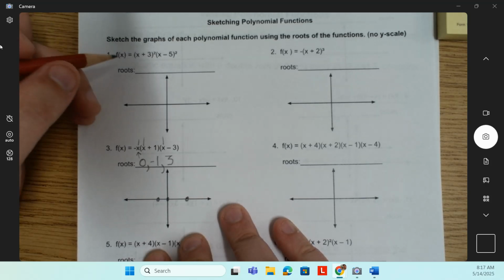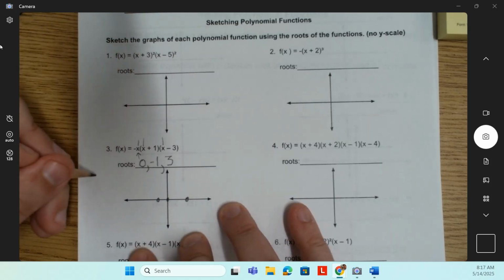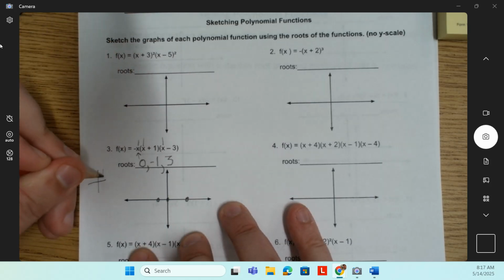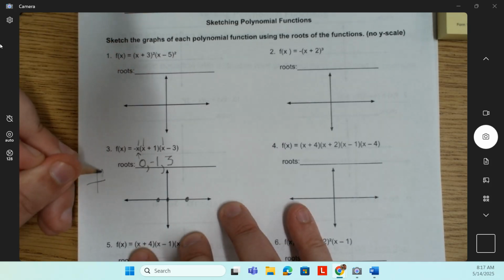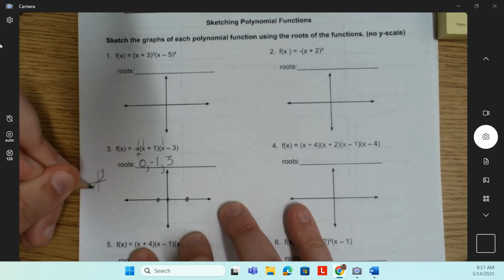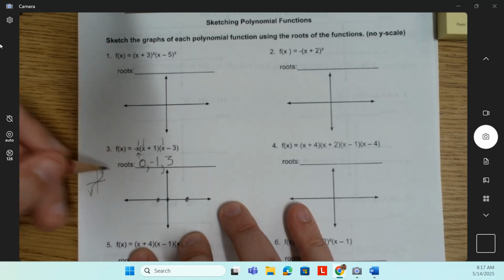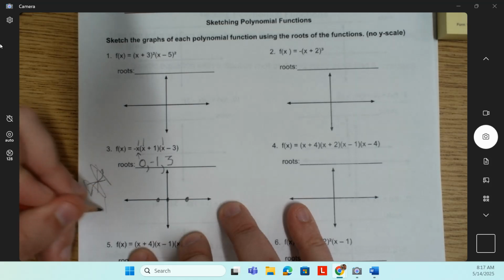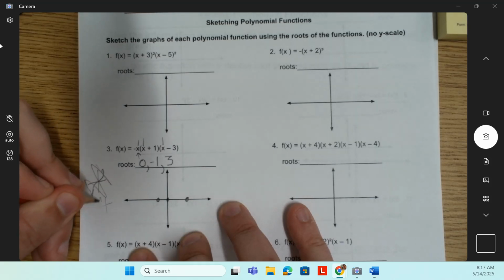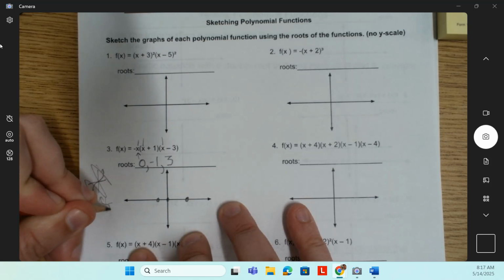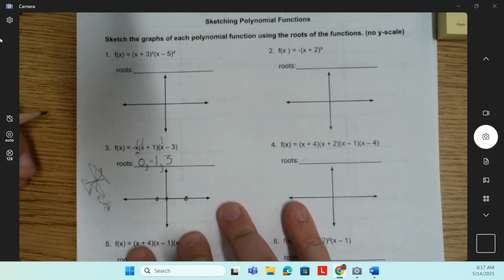And so I know a normal cube function goes up on the right and down on the left. But this one has a negative up front, so it's just going to be flipped around. And we're going to have it going up on the left, down on the right.